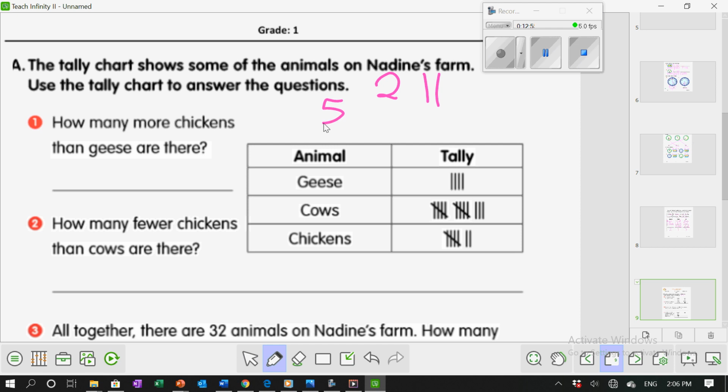If I have 5, I draw 1, 2, 3, 4, and 5. Excellent. If I have 6, 1, 2, 3, 4, 5 here? No, 5 here. So 1, 2, 3, 4, 5, and this is the 6th. So remember all the time, the 5th one should cross the first 4 lines. Here it is. How many?